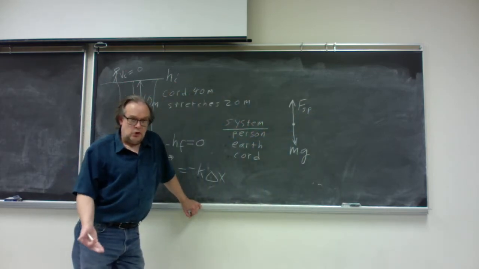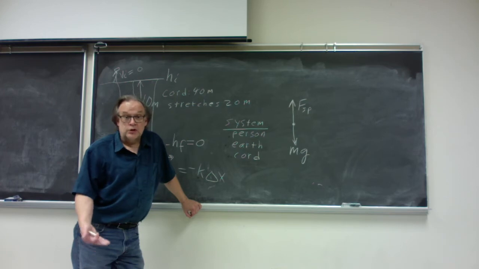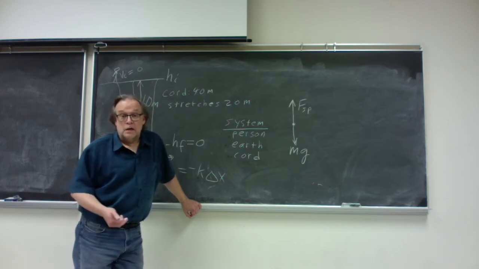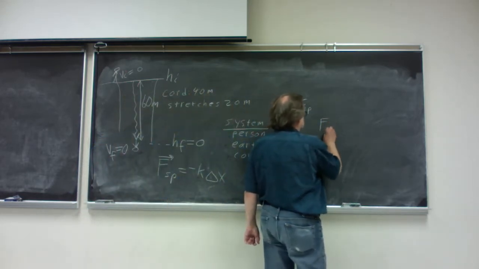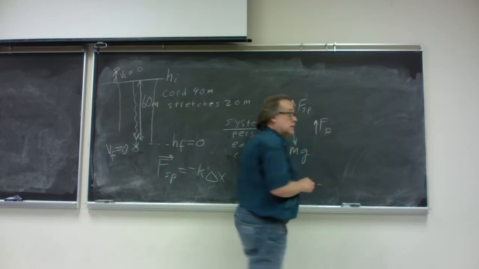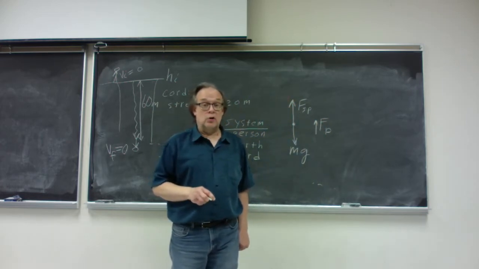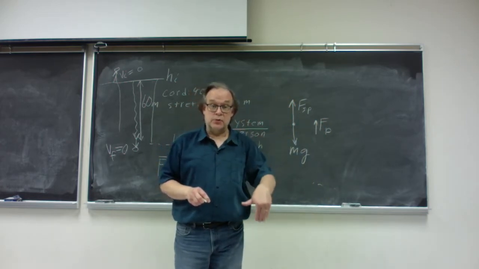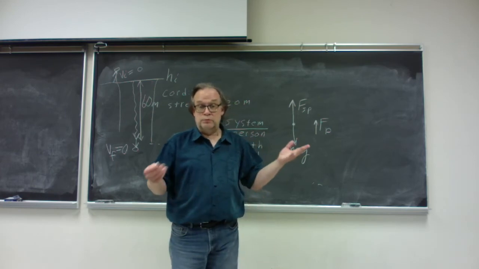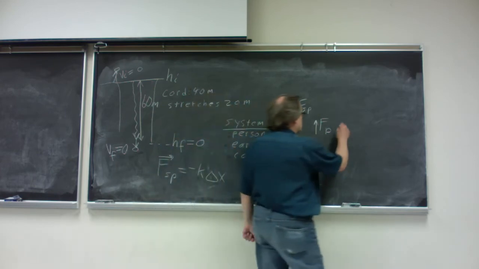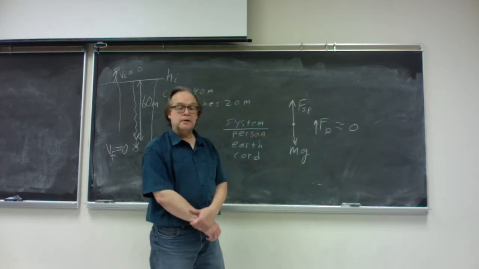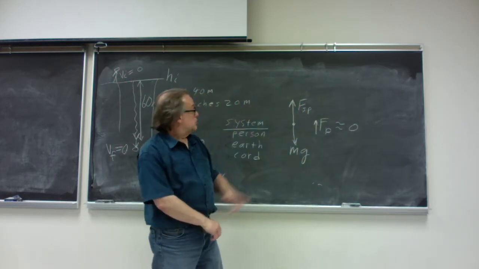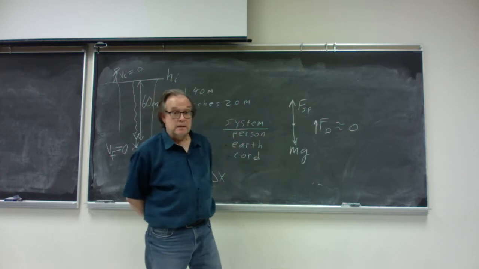While the jumper falls, there's also a drag force as the jumper is moving through the air. But to keep things relatively simple, even though there is a drag force, and like all drag forces, it's opposite to the direction of motion, we'll say it's pretty small compared to the other forces. So these are the only forces that matter.